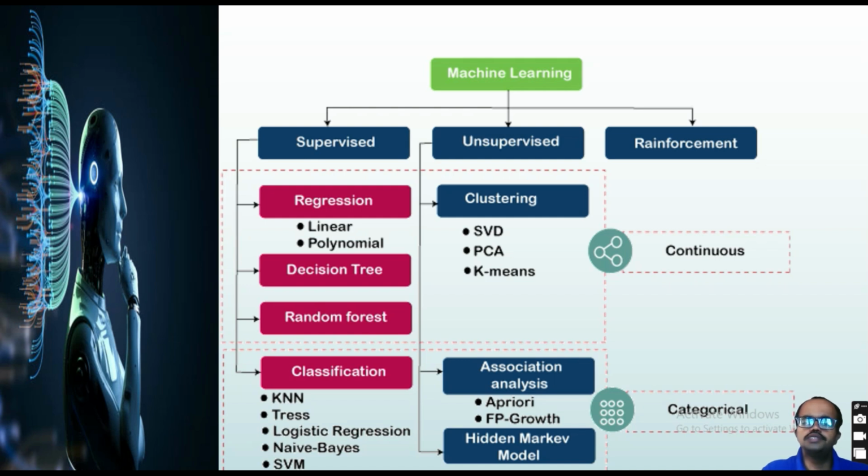Under unsupervised there is clustering, association analysis, and hidden Markov model. Under clustering there is SVD, PCA, K-means. Under association analysis there is the Apriori algorithm, FP algorithm, and hidden Markov model. There is reinforcement, which is for trial and error.